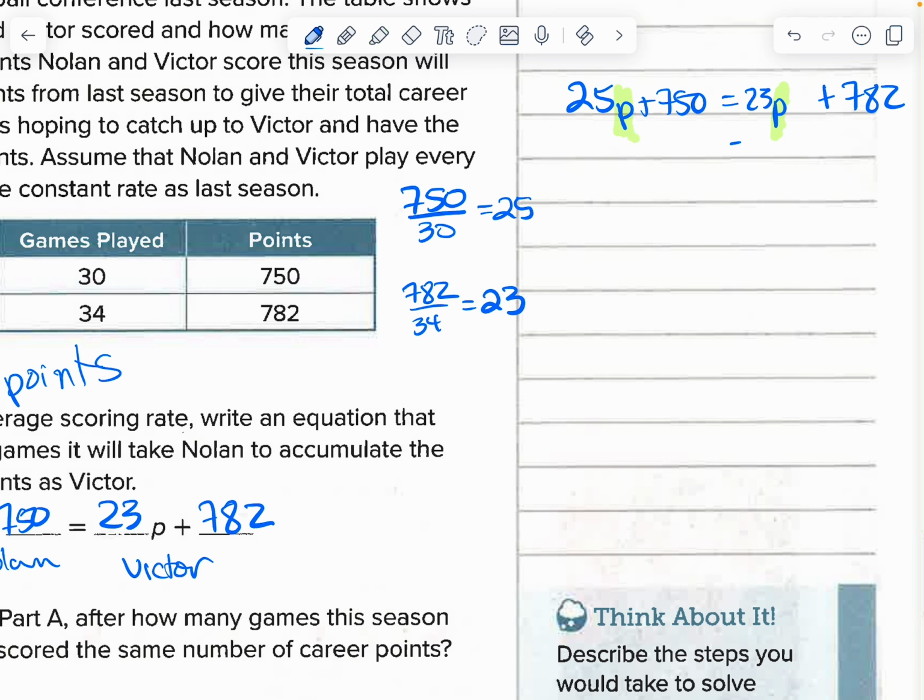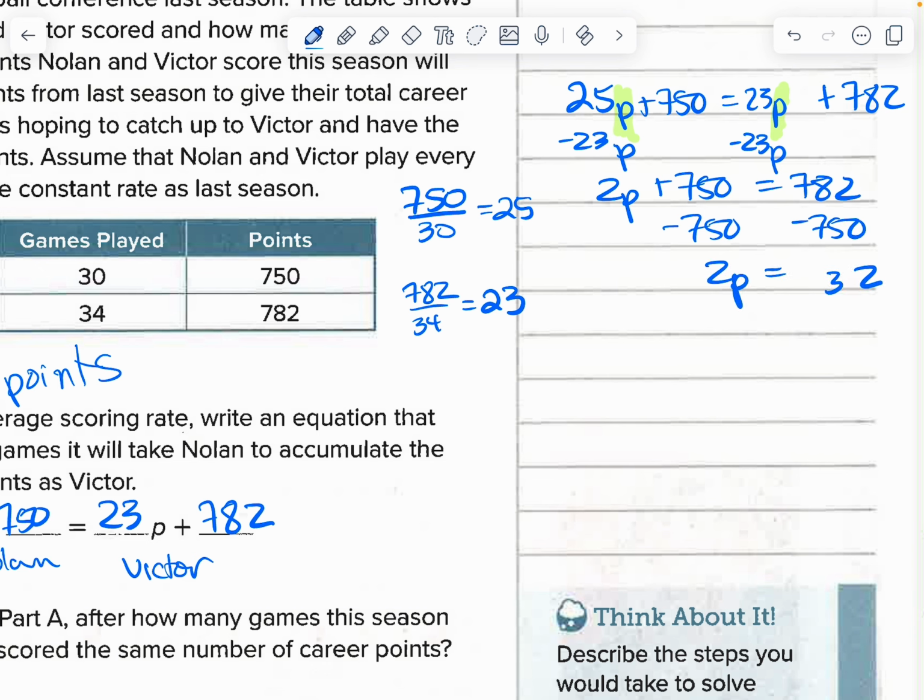So 23 is lower, so I'm going to move that one. So I get 2P plus 750 equals 782. I want 750 on the other side. I get 2P equals 32. I divide by 2. And I get P equals 16.